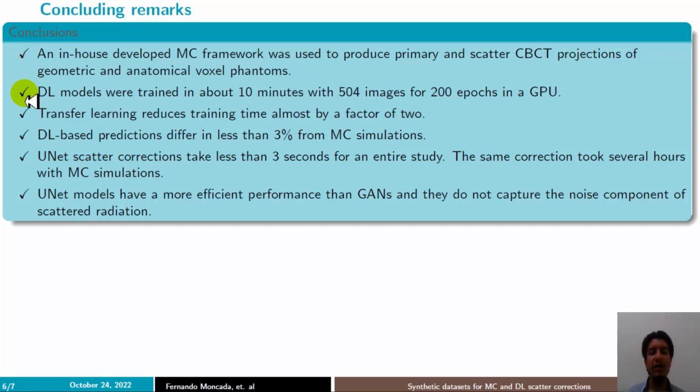The deep learning models were trained in about 10 minutes with 500 images for 200 epochs from Monte Carlo simulations, and the correction models. UNets are more efficient than GANs because they train and correct faster and do not capture the noisy behavior of Monte Carlo images. Thank you very much.